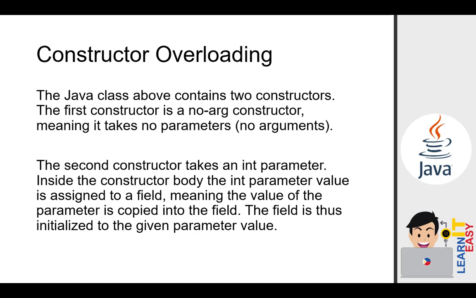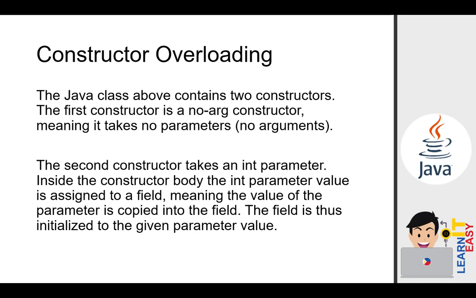The Java class above contains two constructors. The first constructor is a no-arg constructor or an empty constructor, meaning it takes no parameters or no arguments. The second constructor takes an integer parameter inside the constructor body. The integer parameter value is assigned to the field, meaning the value of the parameter is copied into the field.